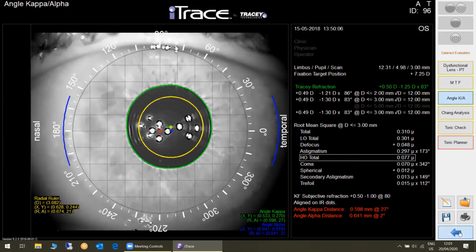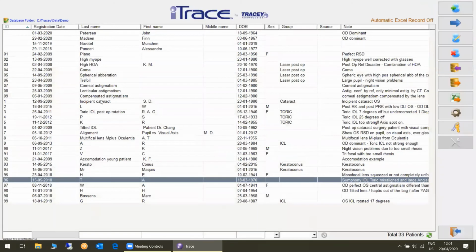So yeah, perhaps to recapitulate, who do you need to measure with an iTrace? Well, first of all, everybody who comes to your studio who is not happy or doesn't see 1.0 and you don't know why.